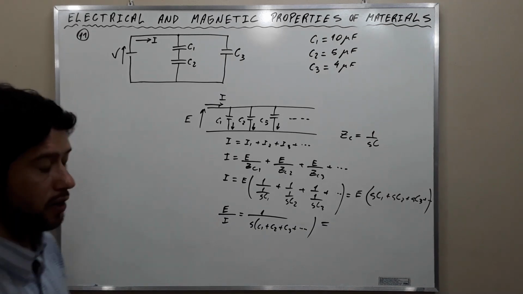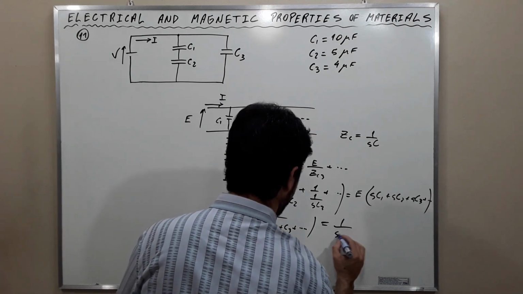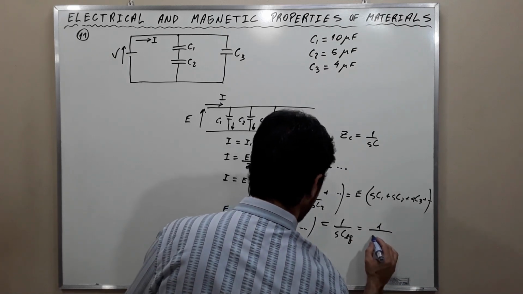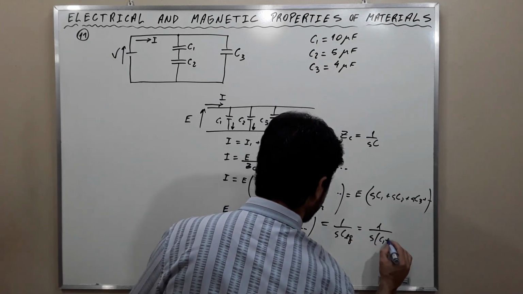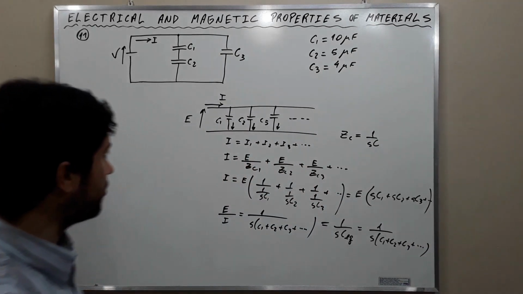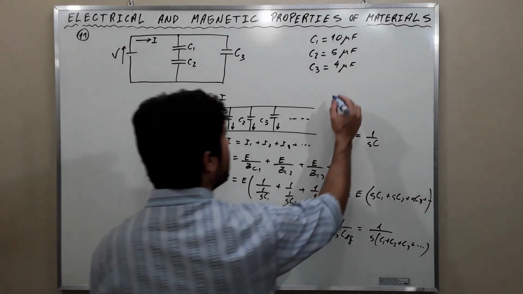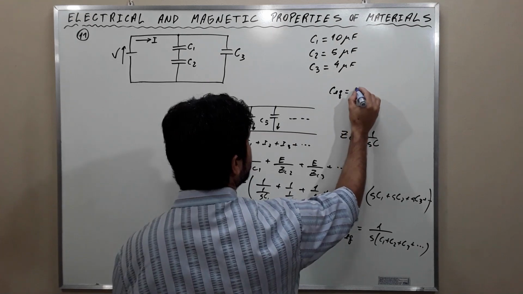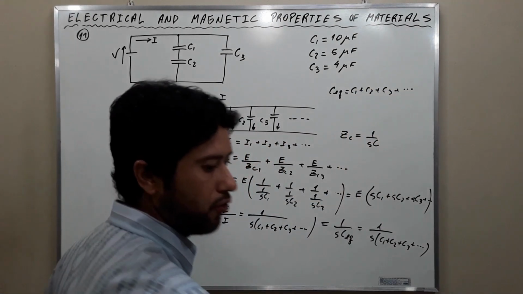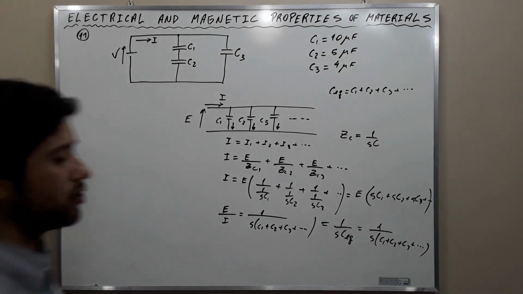Voltage divided by current is impedance. Then 1 over SC equivalent is equal to 1 over S(C1 plus C2 plus C3, and so on). And what is the conclusion? The conclusion is that for the parallel connection, C equivalent is equal to C1 plus C2 plus C3 to the end. All right, this is the parallel connection.